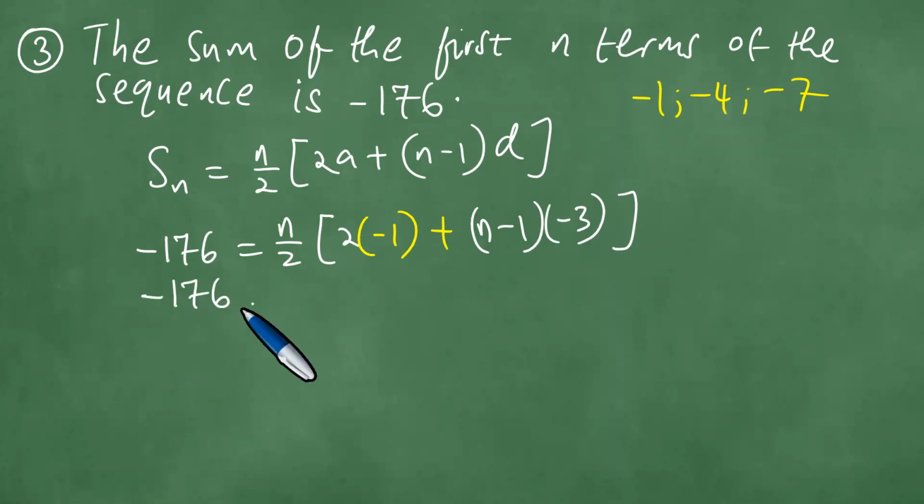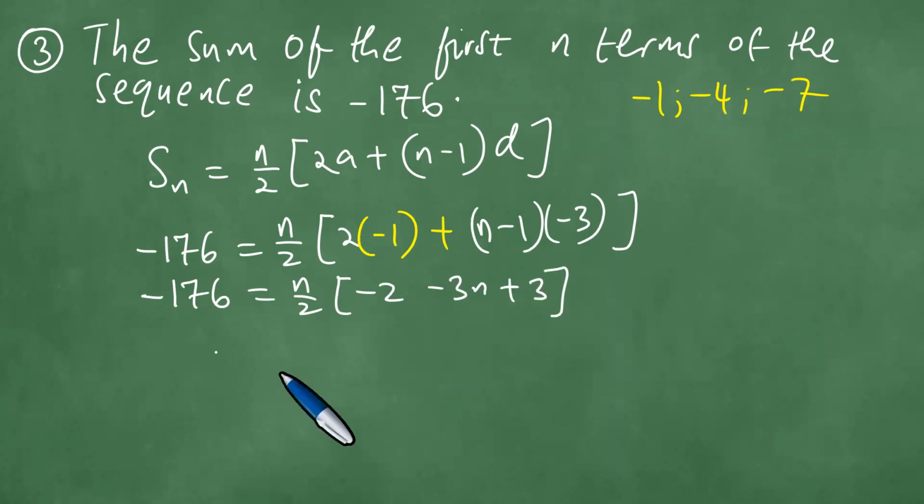So we have -176 equals n over 2 times (-2 - 3n + 3). Let's just solve this one, grouping like terms together.